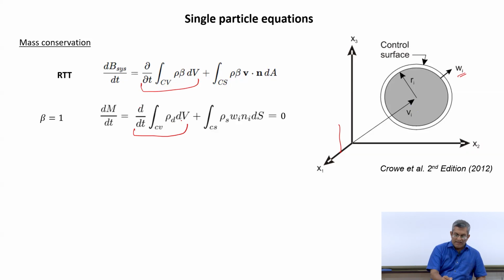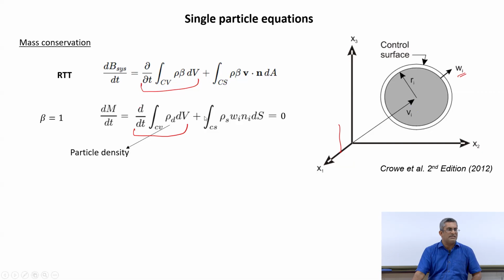And here this density is basically the particle density. So what does this integral denote? Integration or volume integration of rho d V. What does it denote? This is the mass in your control volume.